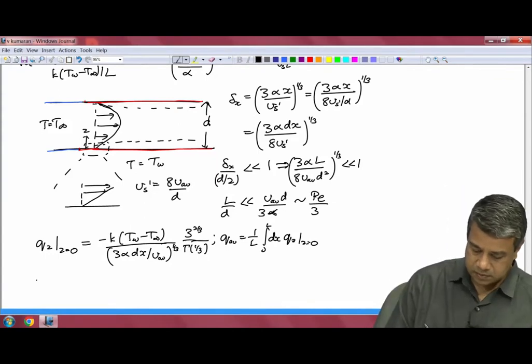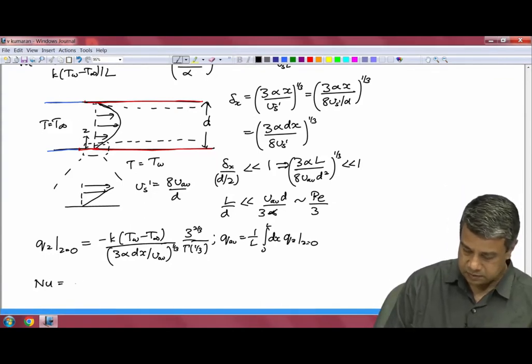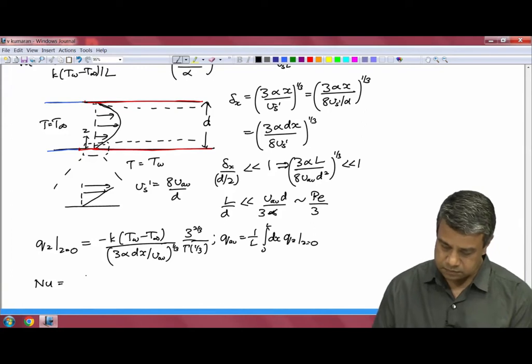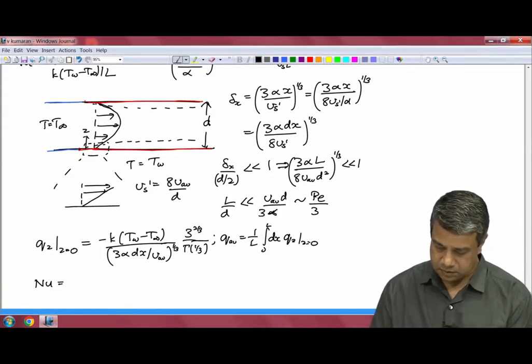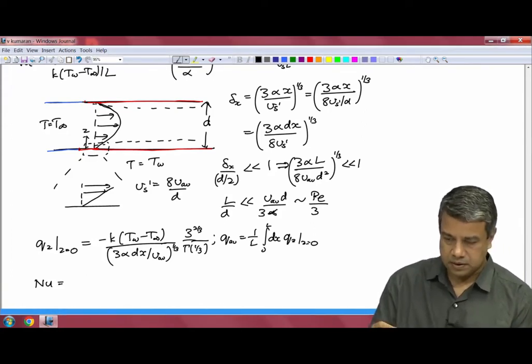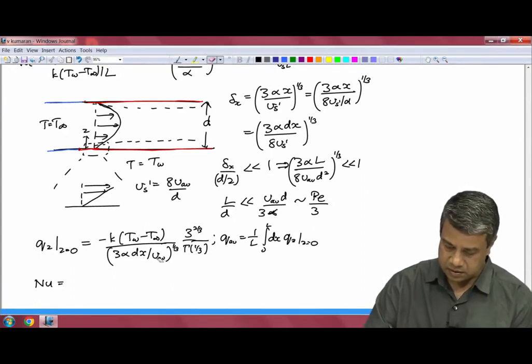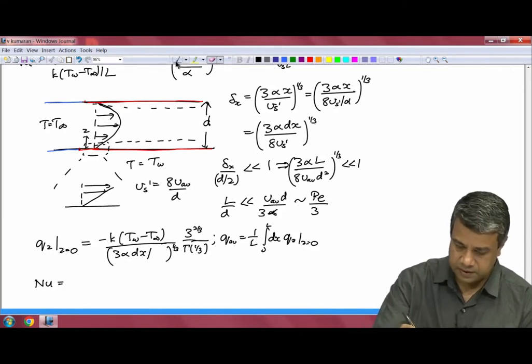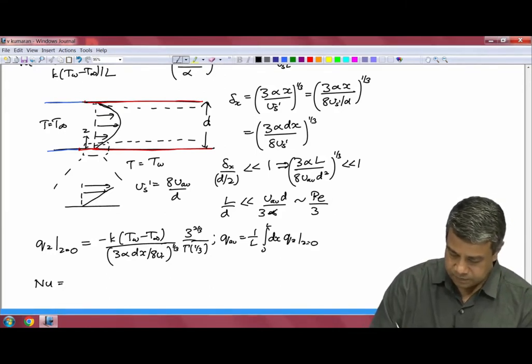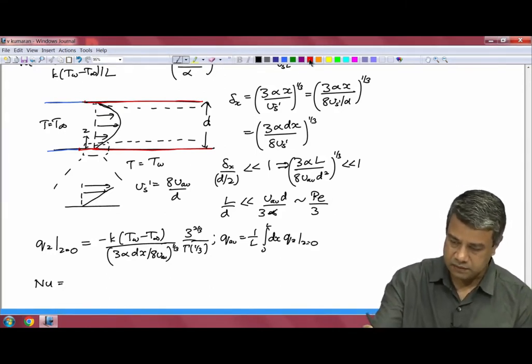And then the Nusselt number is given by, my apologies here, the strain rate I should put as 8 times V average, because the strain rate is 8 V average by D here.